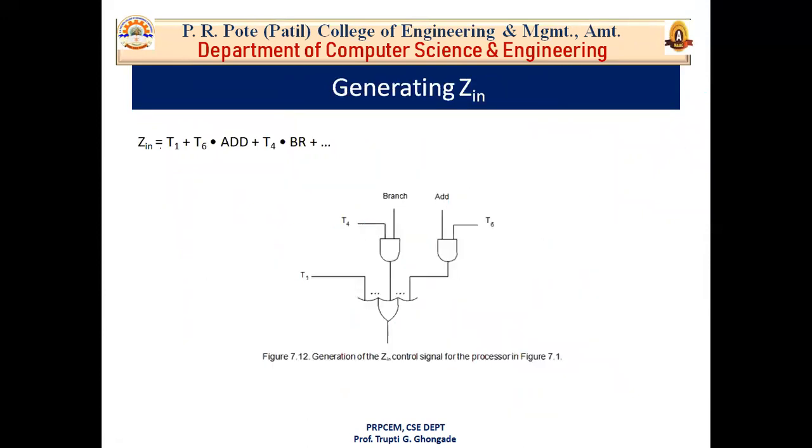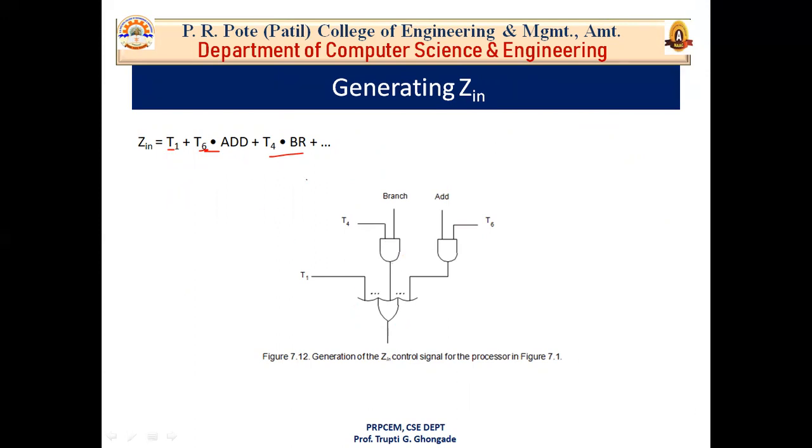So this is step number 1. This is step number 6. Here we are performing the add operation. Now, while executing the branch instruction, we are performing Z in at step number 4, and that's why T4 dot BR. For the AND operation we use this dot. So T1 is given directly as T1 is single.